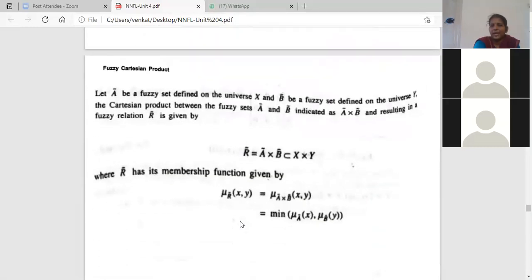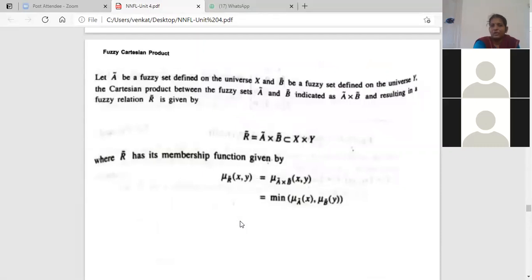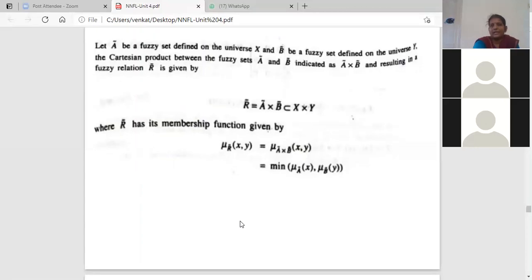So you are asked to find out fuzzy relationship between A and B. Okay. So for that case, you need to use minimum of mu A of x, mu B of y.